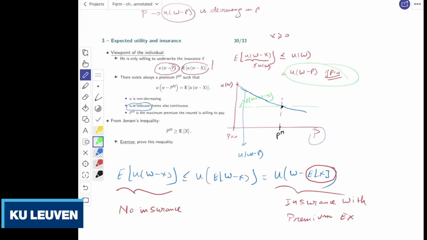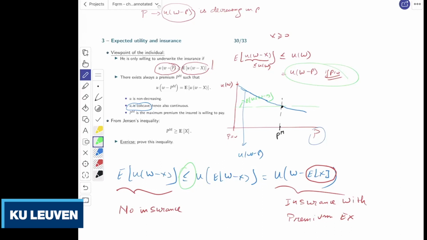And then the inequality tells you that if you can swap your risk X for the expectation, it's always better to do so. So insurance for a premium that's equal to the expectation is always better than taking no insurance.